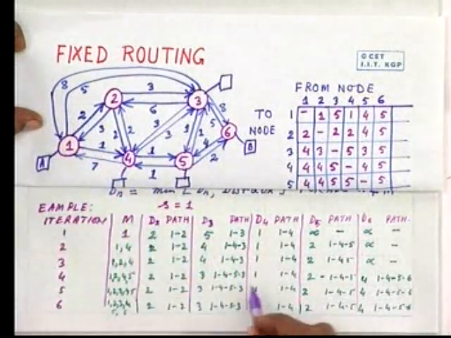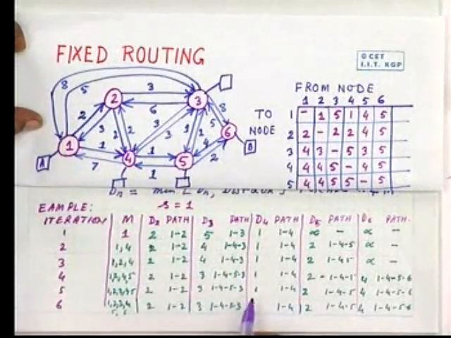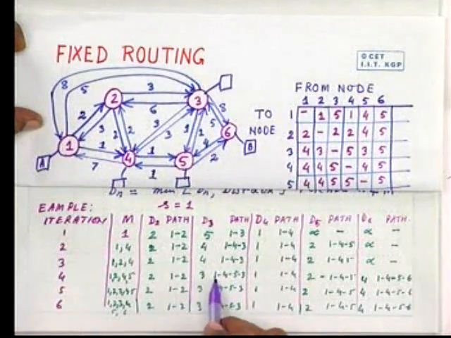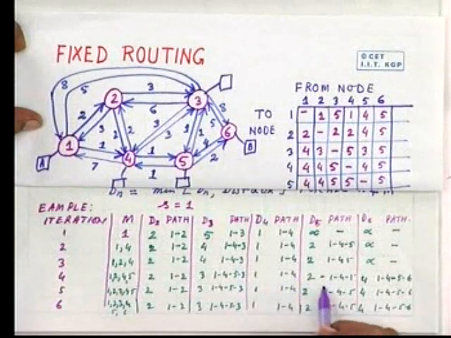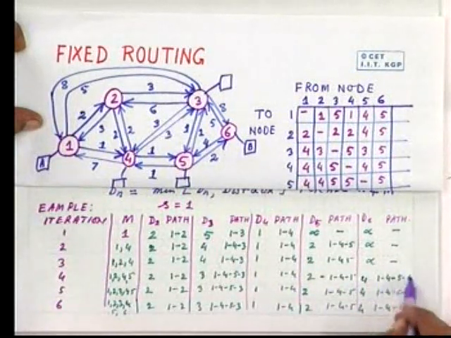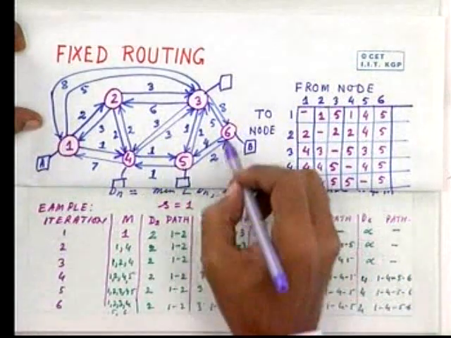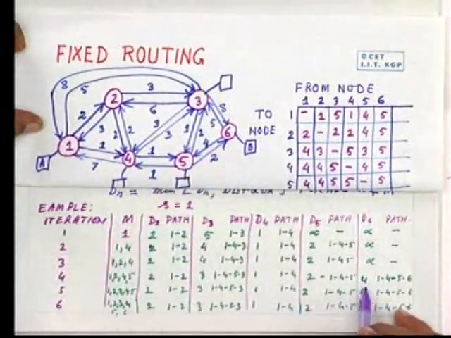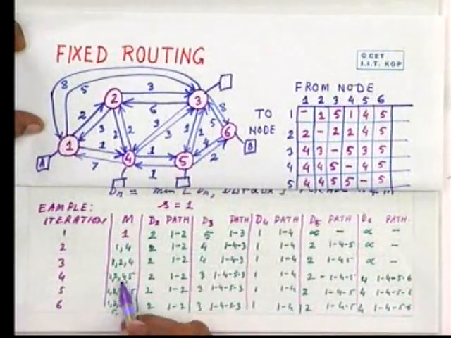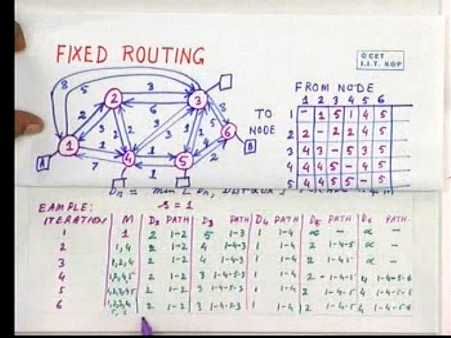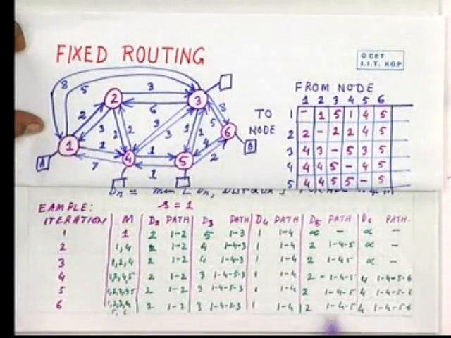So now the cost is 3, through path 1, 4, 5, 3. This does not change. Here also it does not change. And now we have got a path for 6 after adding 5. So in this way it proceeds, and ultimately we get a complete path for all the nodes.